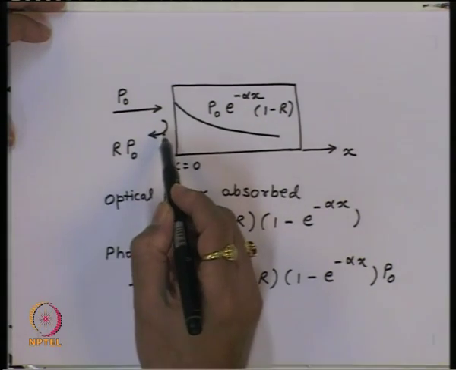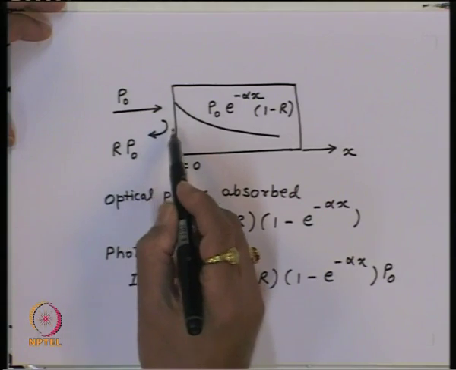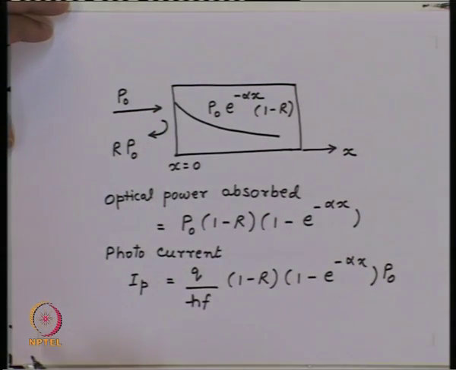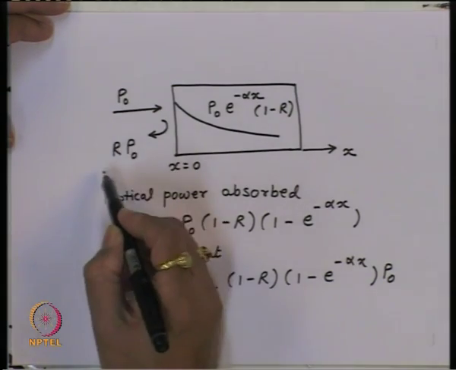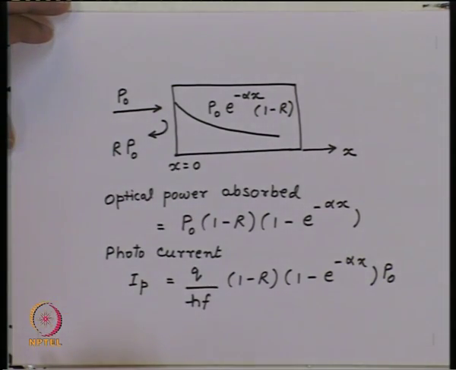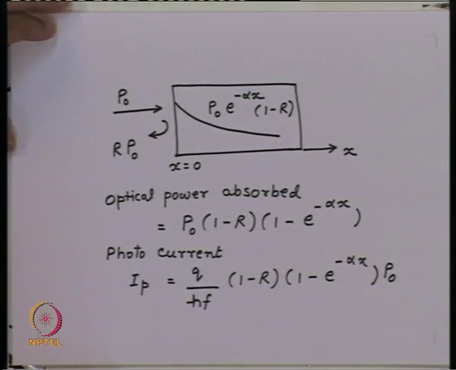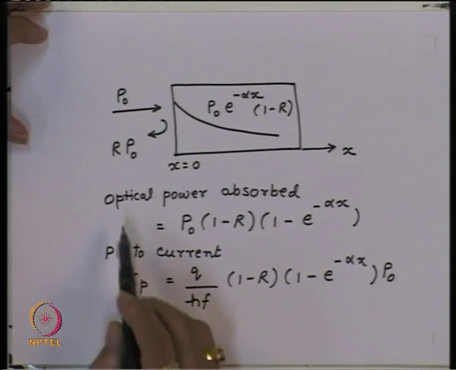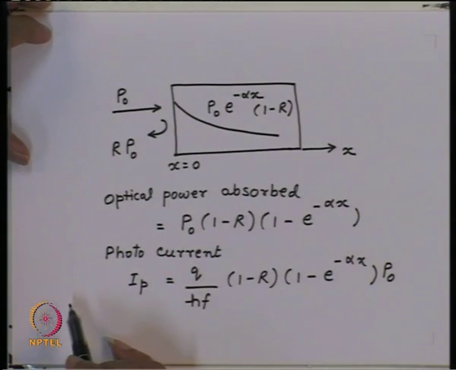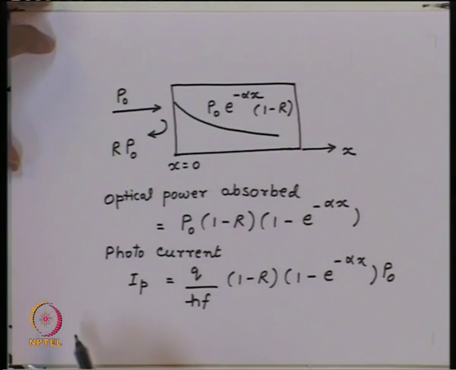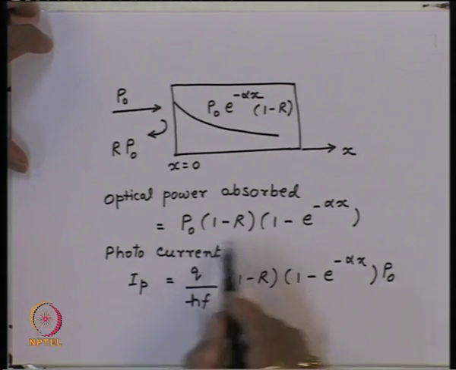However, at the beginning, part of the optical energy will get reflected from this face of the material, and the parameter will be the reflection coefficient, which is related to the change in refractive index between these two media. So, we found that the total power absorbed over a distance x inside this material is essentially given by this.